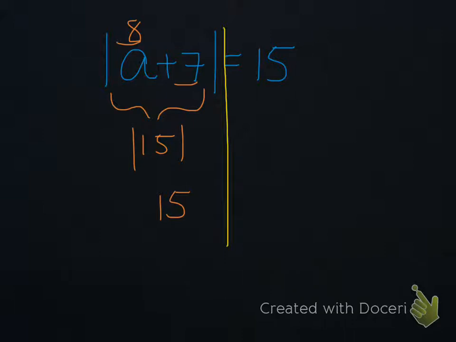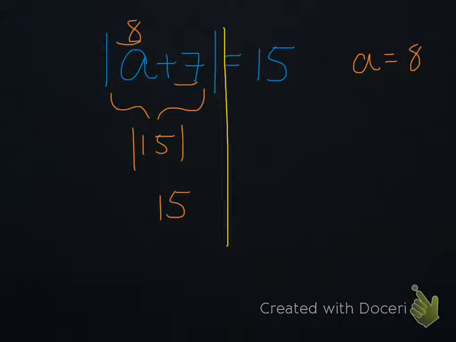And so I was just trying to use my mind as to what would give me the absolute value of 15, and I already know that A would have to be equal to 8.